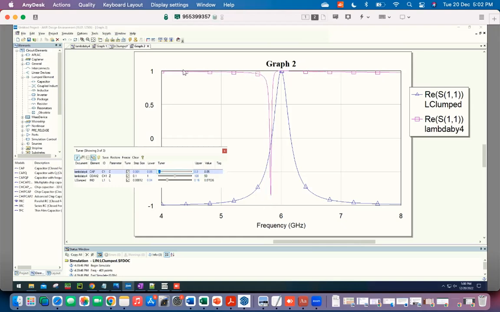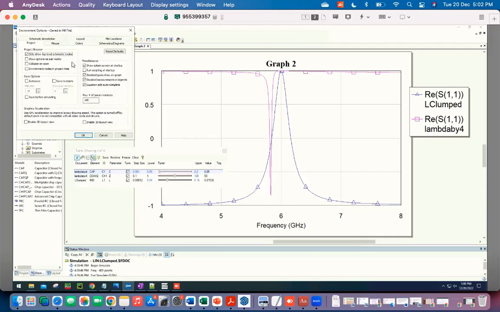This right now is basically a resolution issue, so I need to zoom in more.